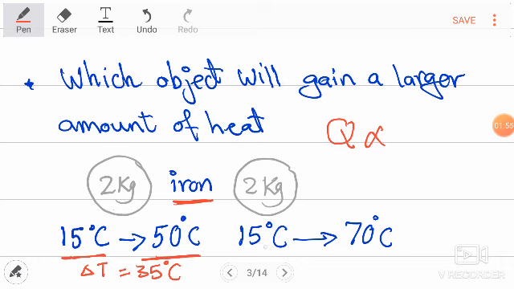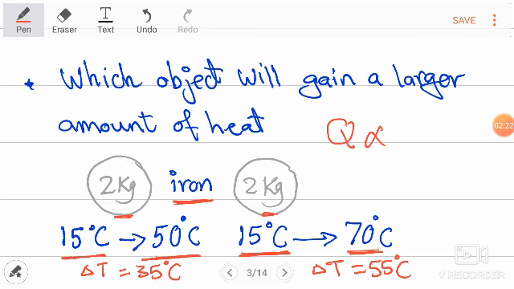While the second object is heated from 15 to 70. So the change in temperature equals 55 degrees Celsius. Which one of them needs a larger amount of heat to be heated? The first object or the second object?